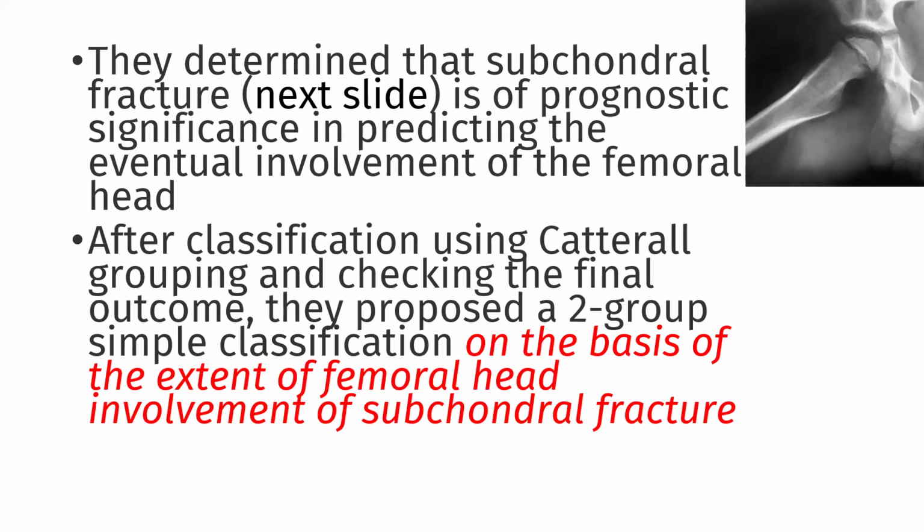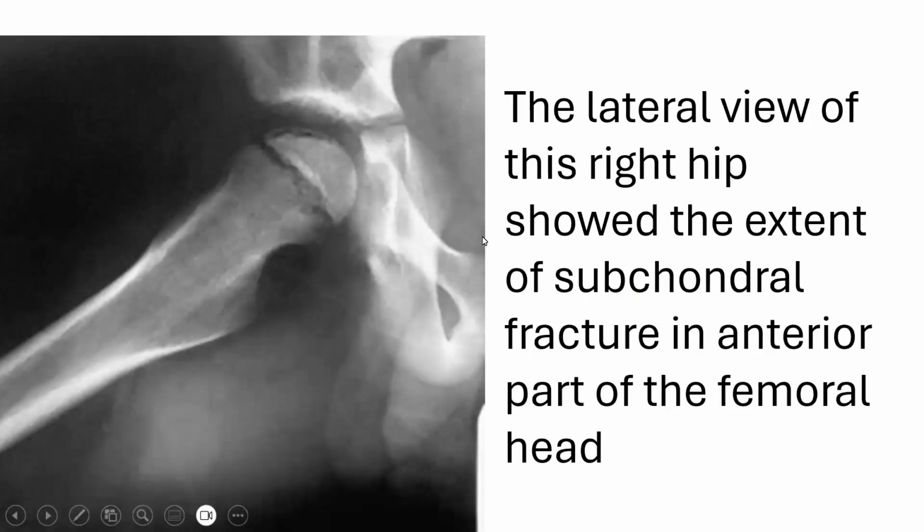After classification using category, grouping, and checking the final outcome, they proposed a two-group simple classification on the basis of the extent of the femoral head involvement of subchondral fracture. This is a lateral view of the right hip, which shows the extent of the subchondral fracture in the anterior part of the femoral head.